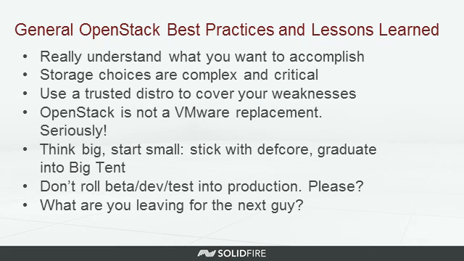These last two are just general things that we've seen. One is we get lots of customers who will roll out a beta or test dev and everything will go great, and they've got a small team of people who've been trained up on it and everything works the way it should, and then all of a sudden they turn around and put it into production and they just don't understand what happened. How did we get here? Why did this do things that I didn't expect it to do?